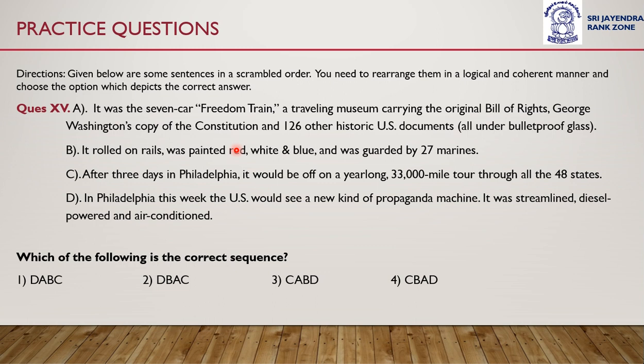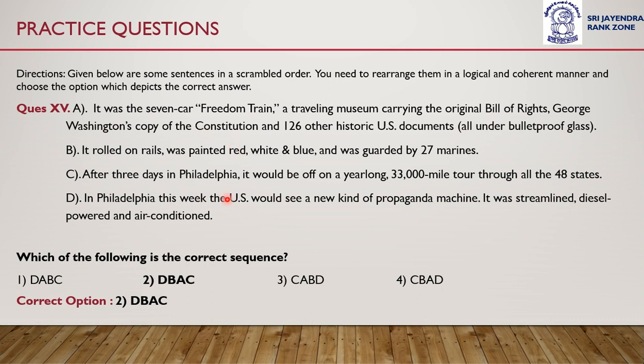Then A. It was the seven-car Freedom Train. And then C. After 3 days in Philadelphia, it would be off on a year-long 33,000-mile tour. So the correct sequence is DBAC.